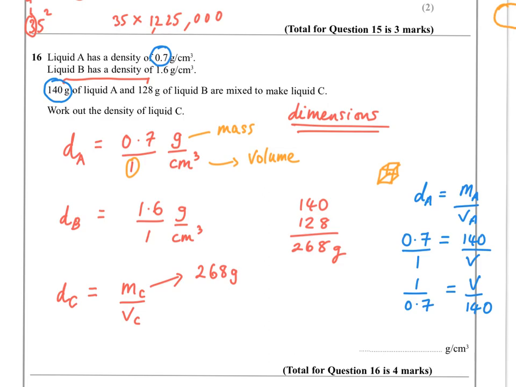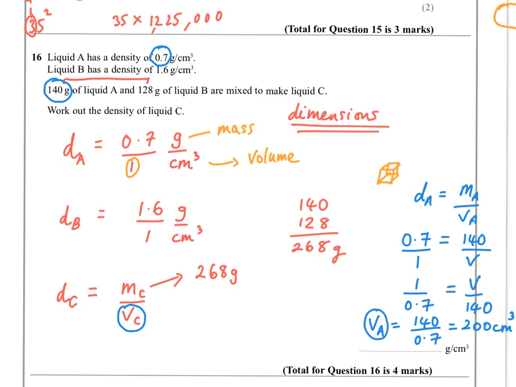You'll have the volume of liquid A would be 140 over 0.7, and your calculator will give you the answer of 200. And don't forget the volume will be 200 centimetre cubes. That's one thing to look at, because to find the volume of liquid C, we've really got to find the combined volumes for A and B.